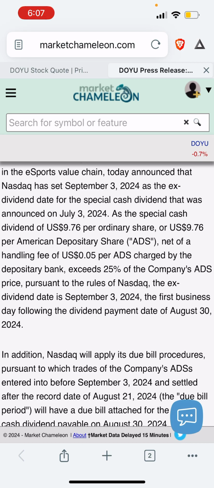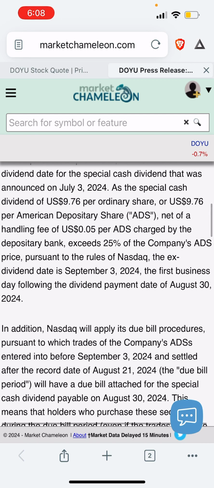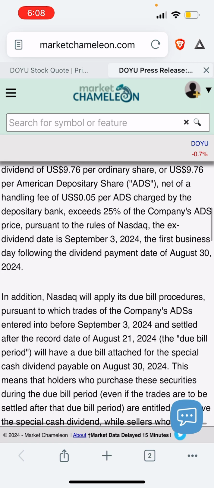So it's not August 19, it says September 3rd, but I don't know which one to take. The special cash dividend is 9.76 per ordinary share, or $9.76 per American Depositary Share, ADS, net of a handling fee of 5 cents.